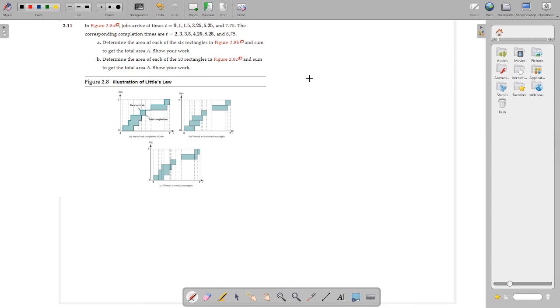That will probably help us. So Little's Law was lambda times W equals, I think it was capital L. Actually, I have to double check that. That's right. Okay, cool. Thank you.